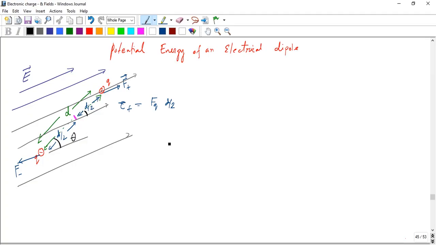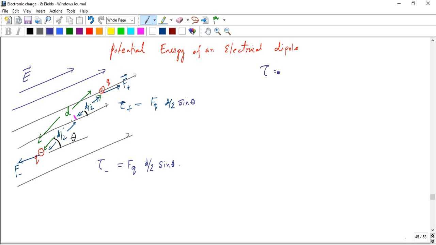So we get d by 2 sine theta, and similarly the torque for the minus Q charge is F times d by 2 sine theta.